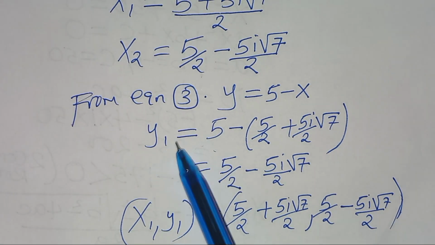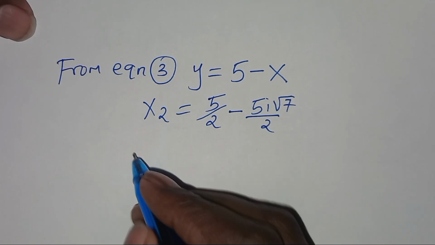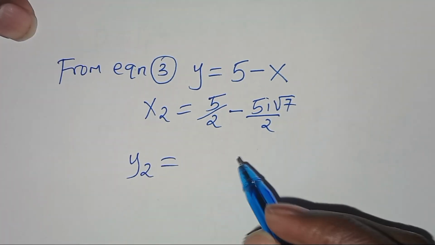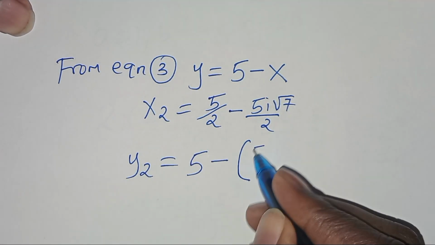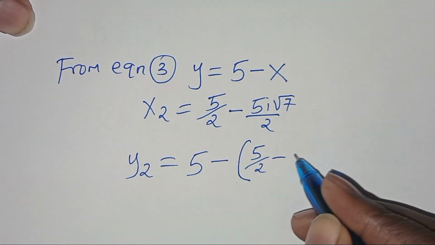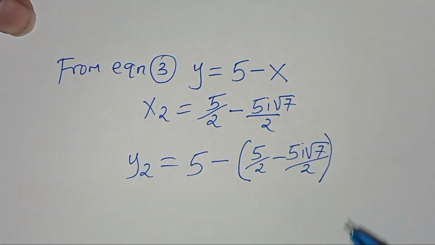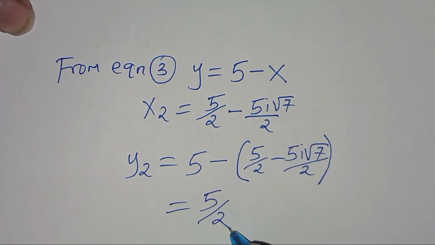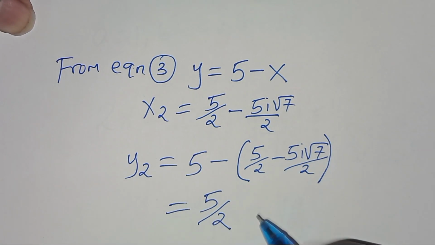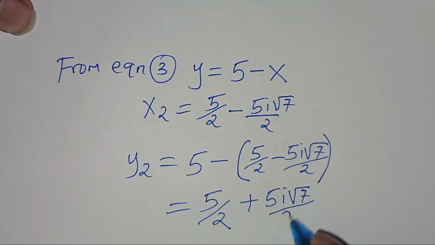So let's solve for y2. Now let's solve for y2, which is equal to 5 subtract 5 over 2 subtract 5I square root of 7 divided by 2. So this is the same thing as 5 over 2, minus times minus here, this is plus 5I square root of 7 divided by 2.